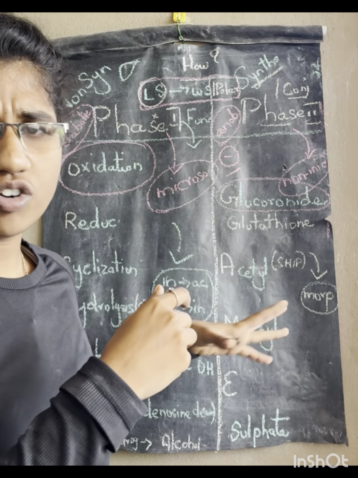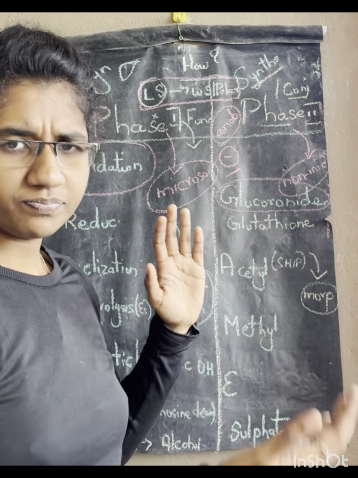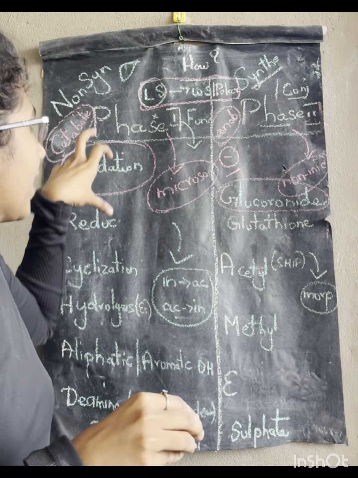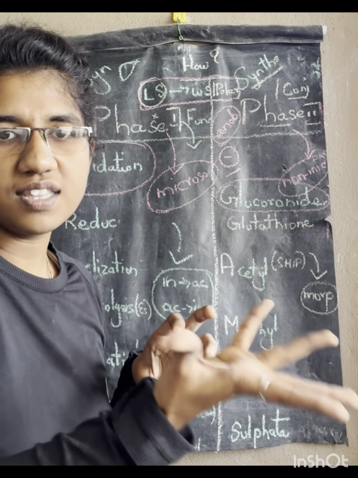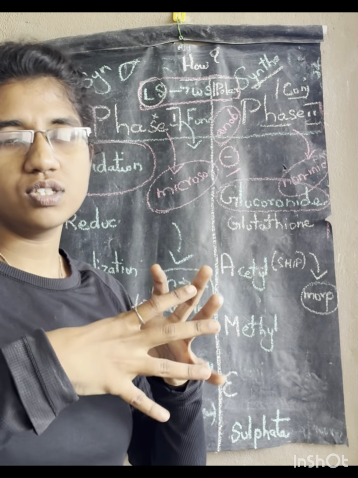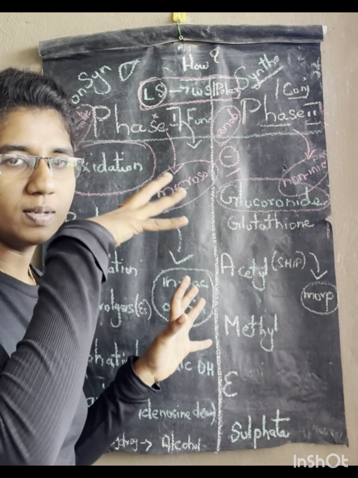The conjugating molecule could be anything: an acetyl group, a methyl group or a sulfate group. So the functional group acts like a glue. Phase 1 reaction exposes the functional group, and phase 2 reaction conjugates a molecule with it, so that finally we get a bigger water soluble compound, which will be eliminated.